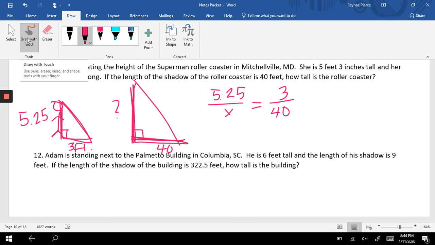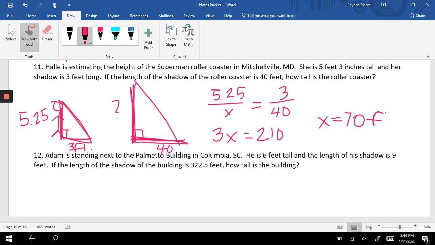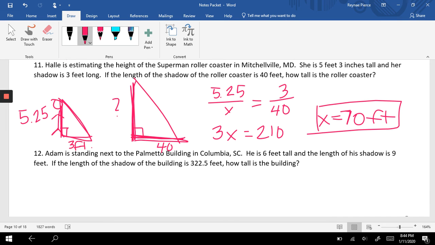Okay, so 40 times 5.25 is 210. So we've got 3x equals 210. Divide both sides by 3. That Superman roller coaster, according to our calculations, is 70 feet tall. Okay.